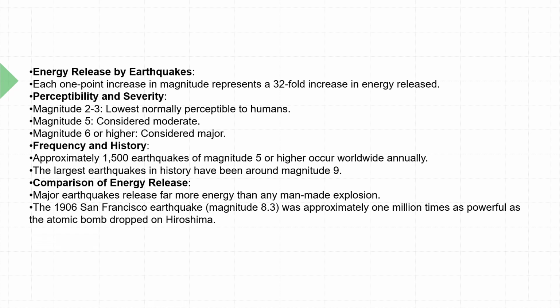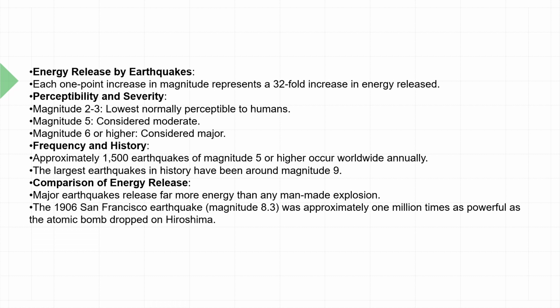But magnitude 6 or higher are considered as major earthquakes, and they may have a very big intensity, that is a very big impact on the earth's surface, also for humans, also for buildings and infrastructure. Approximately 1500 earthquakes of magnitude 5 or higher occur worldwide annually. And till now, as I told you earlier, we have not had an earthquake more than magnitude 9.